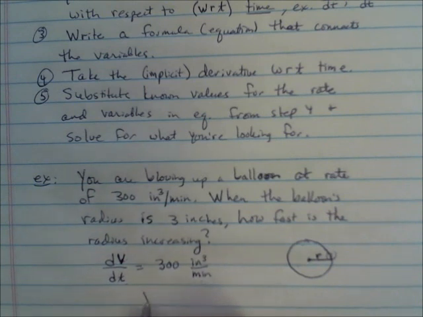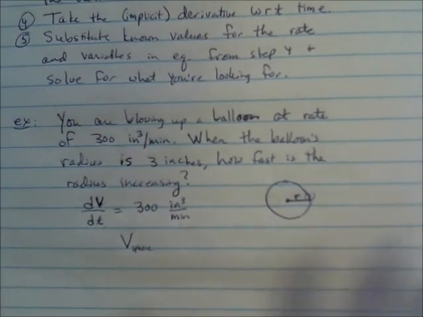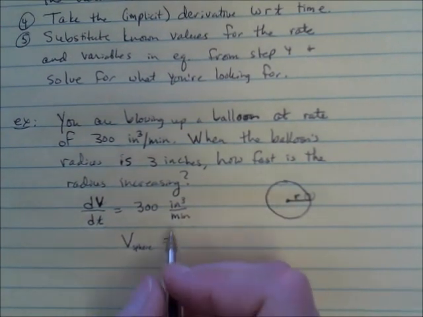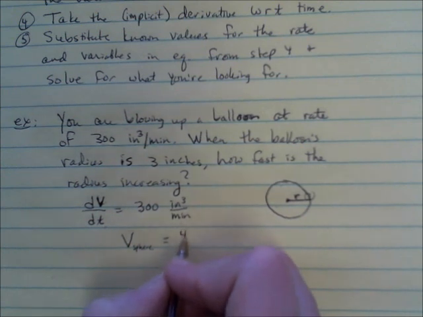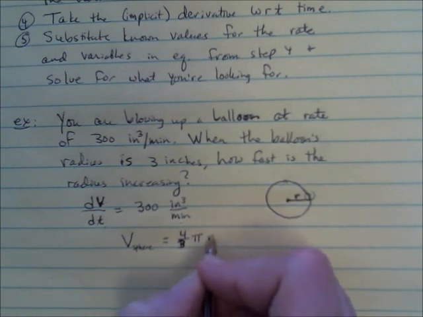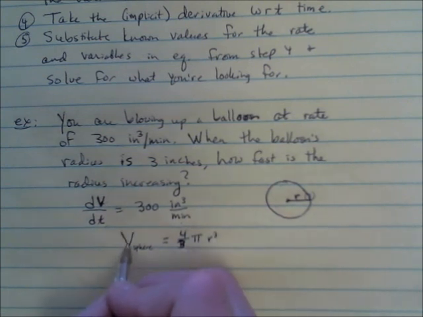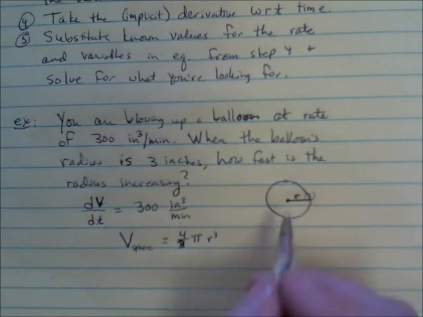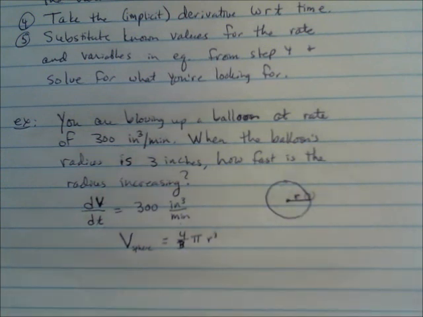Well, the volume of a sphere, I'll put V and then sphere down here because that's what we're finding the volume of. You remember from yesterday, the volume of a sphere is 4/3 times pi times r cubed. So that relates this volume here with this radius here. So that's our formula in step 3.